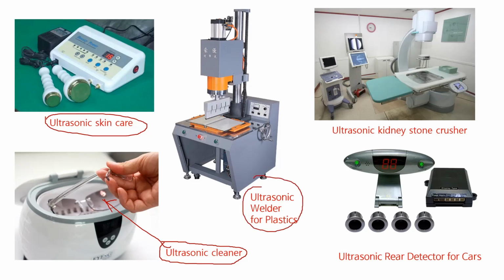It's very hard to weld plastic because its melting temperature is very low, so it is very hard to melt two plastics together. But if you use ultrasonic, then you can easily weld the two plastics together. And this shows the ultrasonic kidney stone crusher. And this is an ultrasonic rear detector for cars.